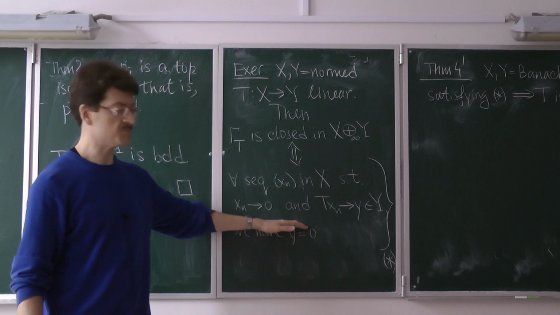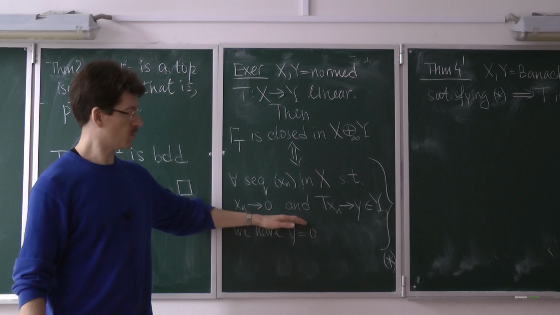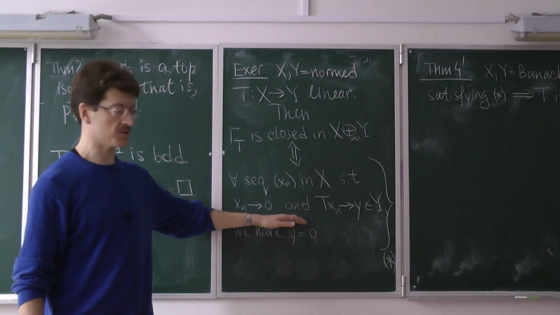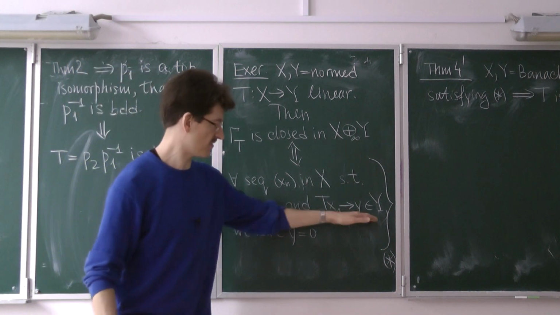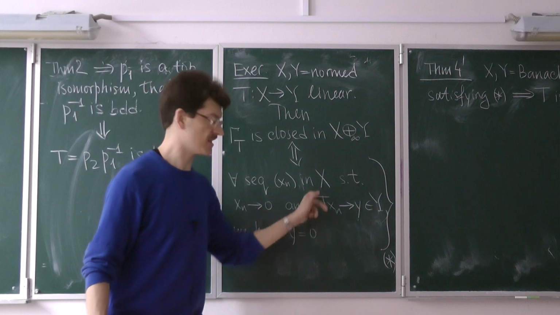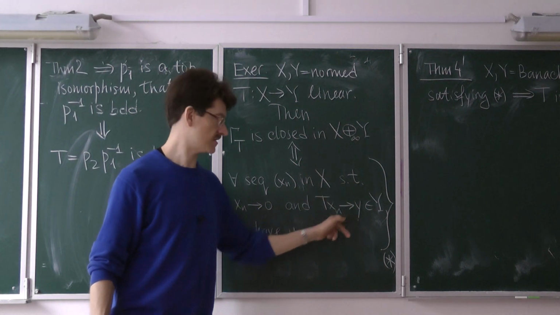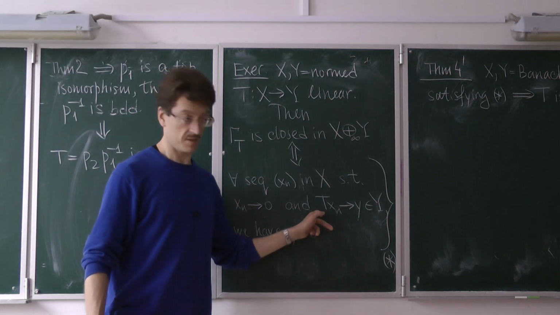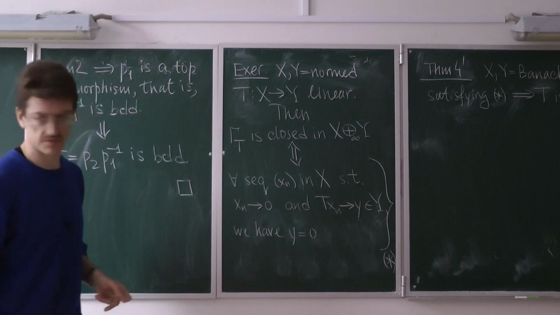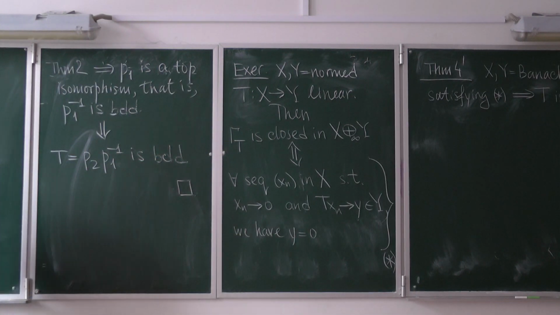Condition star simplifies our job. So when proving that T xn goes to 0, we may assume from the very beginning that T xn converges. The sequence has a limit. This simplifies the proof of continuity in many concrete situations.